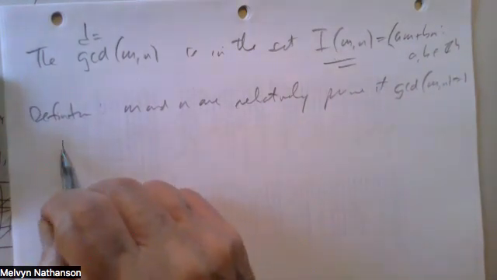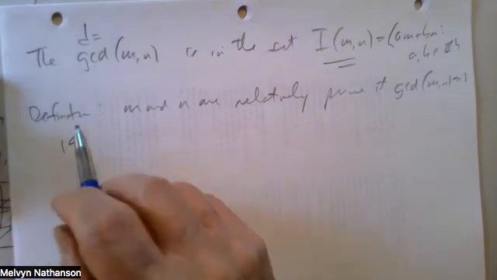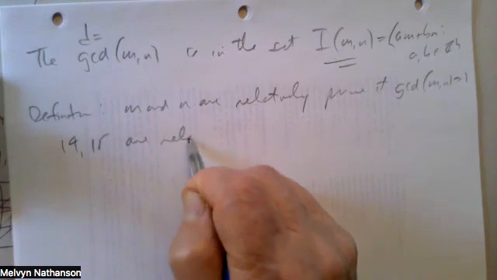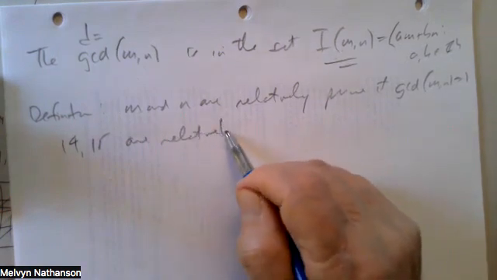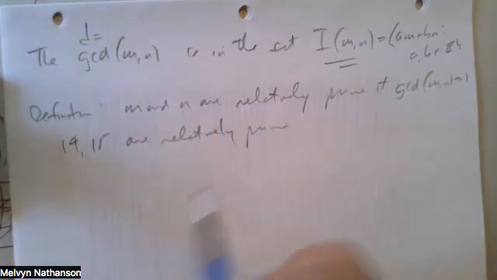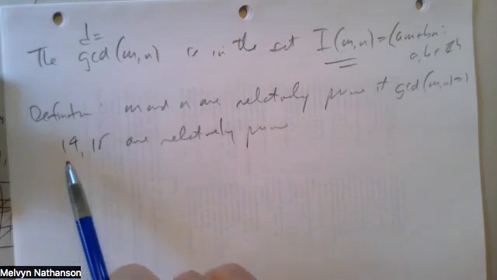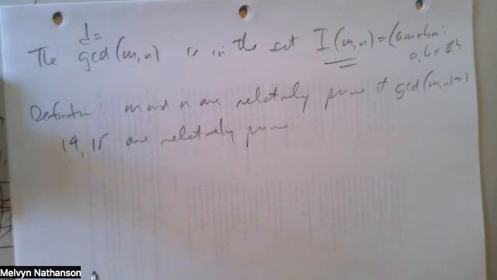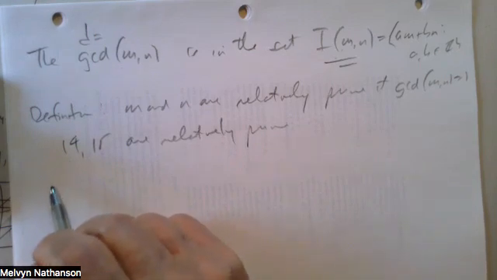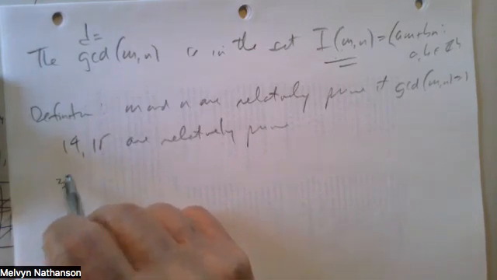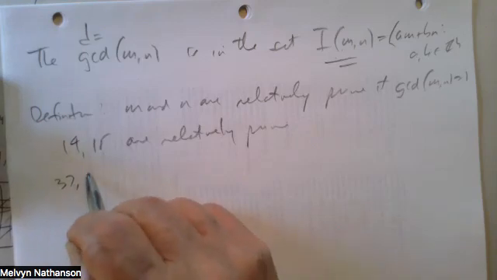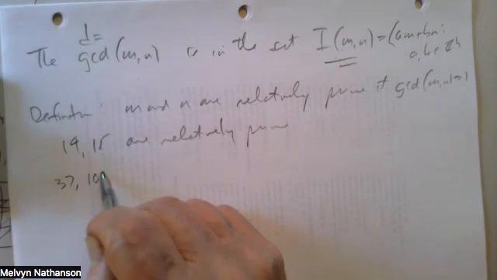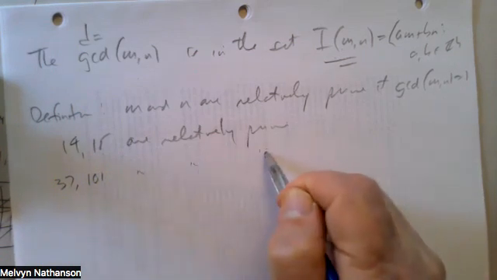So, for example, 14 and 15 are relatively prime, because the only positive integer that divides both is 1. Or, for example, 37 and 101 are relatively prime.